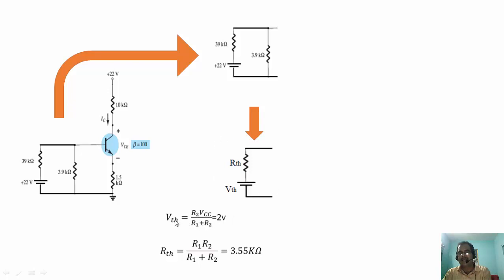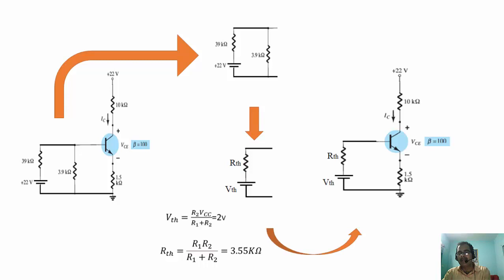Here VTH is R2 VCC upon R1 plus R2, that is 2 volt, and RTH is R1 R2 upon R1 plus R2, that is 3.5 kilo ohm.